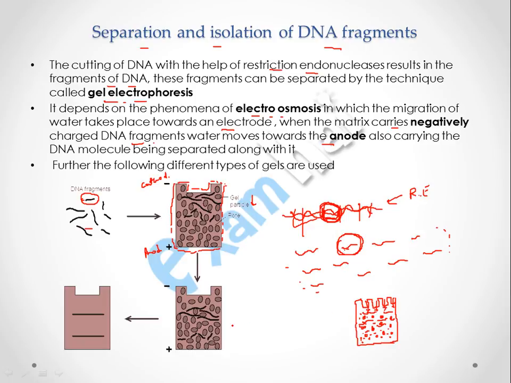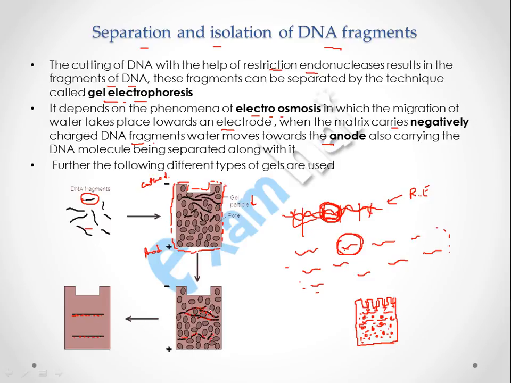As you can see in this diagram, these are the large particles of DNA which are entangled inside the pore on the upper side, and these are the small fragments of DNA which are entangled in the smaller particles of gel. Likewise the strands will be observed.